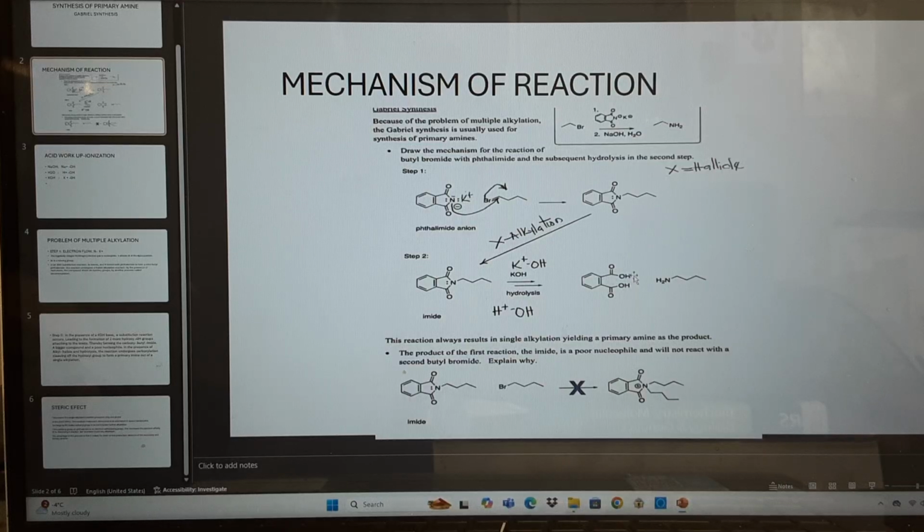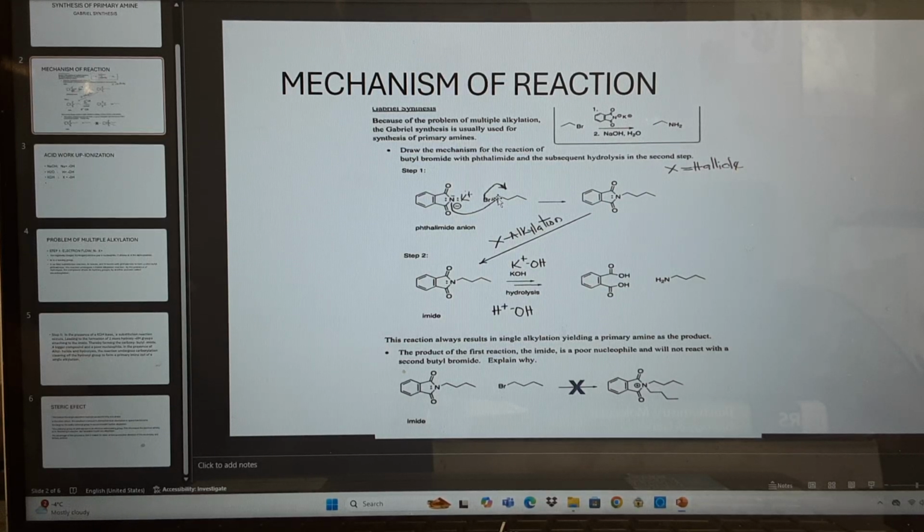Here, amine was formed. And so, in summary, the mechanism of reaction of amine requires this nitrogen here to cleave at this position of butyl bromide. Bromide is a leaving group. It moves off. It cleaves off.